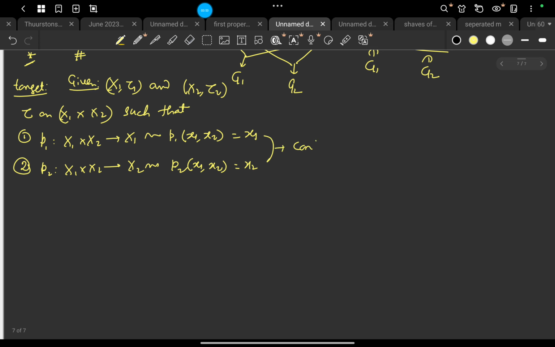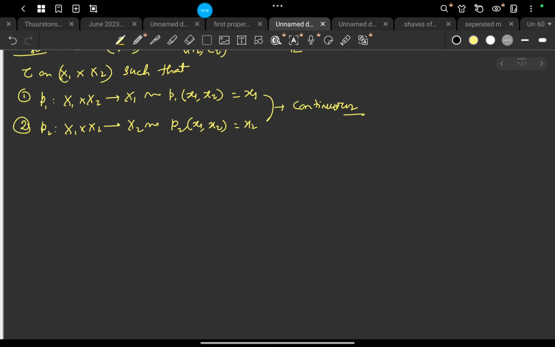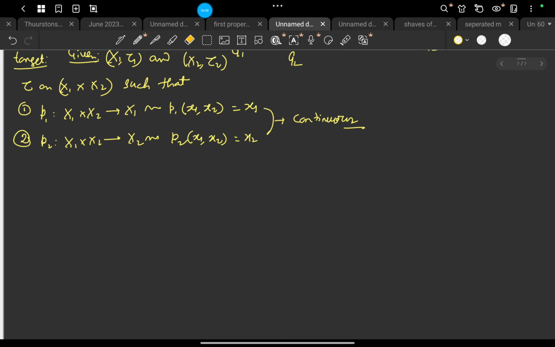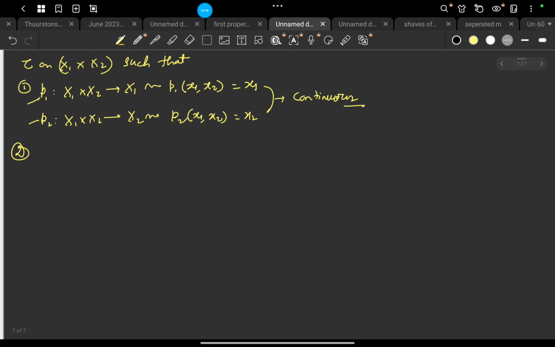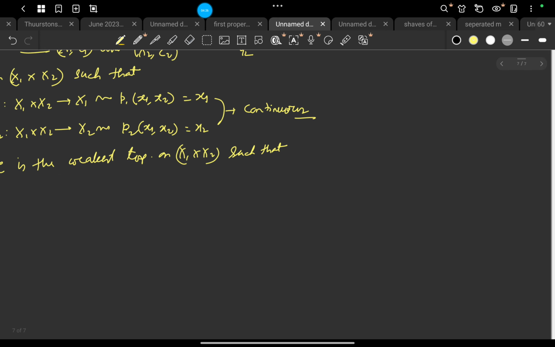These two maps are continuous, and this is the first property, that these two maps should be continuous. And the second one is that tau is the weakest topology on X1 cross X2 such that condition 1 is satisfied.